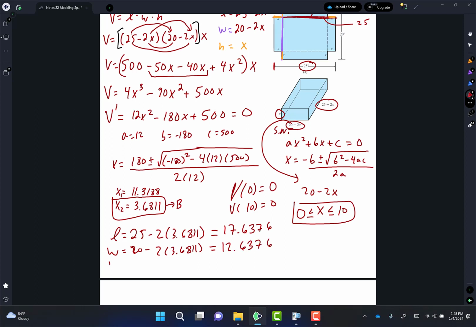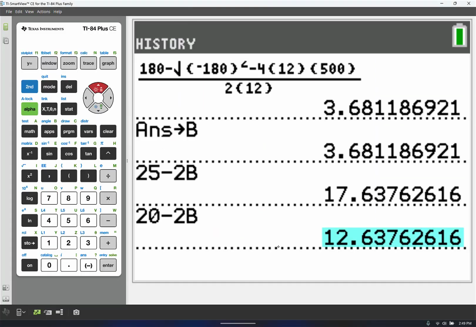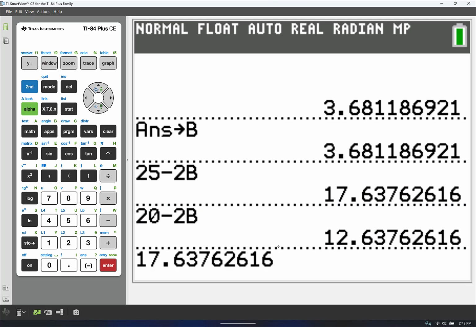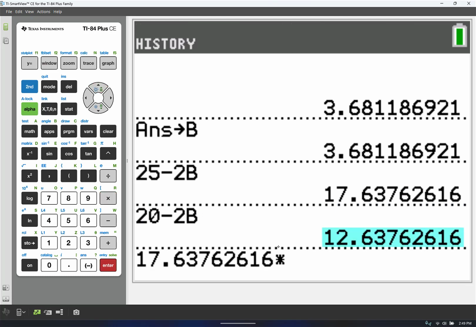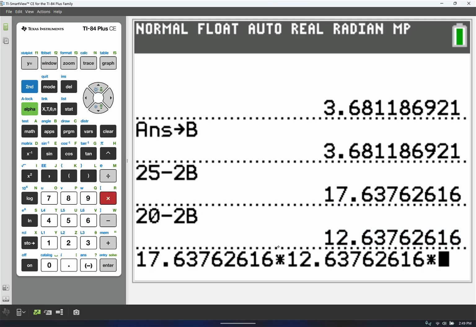And my height is just that number, 3.6811. And then the max volume is, and I just multiply these numbers, 1, 2, and 3. So I'm going to go this number times this number times B.